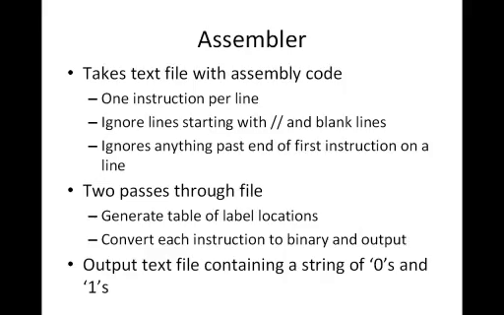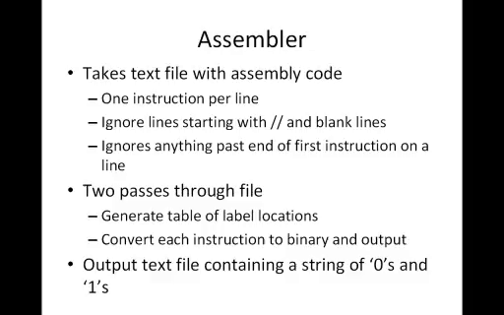We are using an assembler, which I wrote in C++, which works as described on the slide. Exactly one instruction per line is allowable. It ignores commented lines and blank lines, and anything past the first instruction is ignored. So it's a very simple assembler.